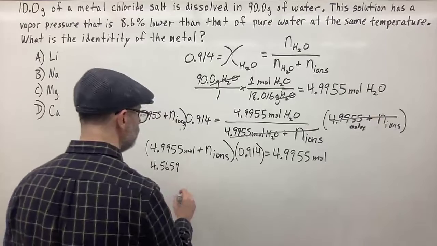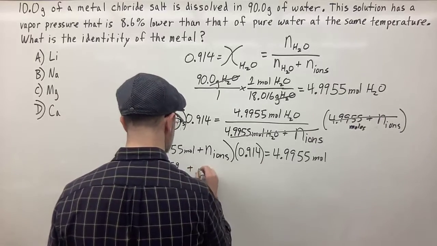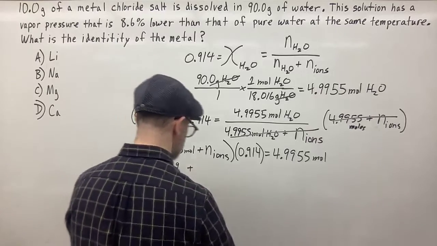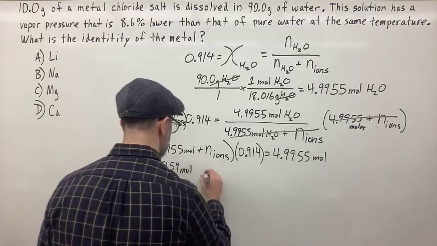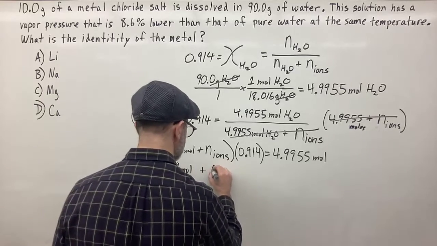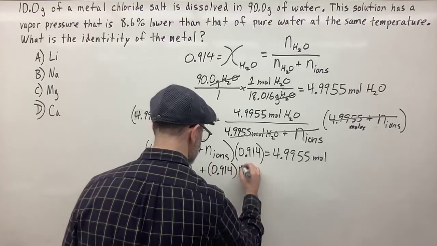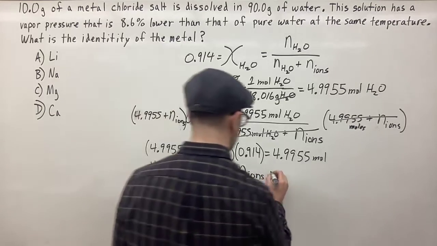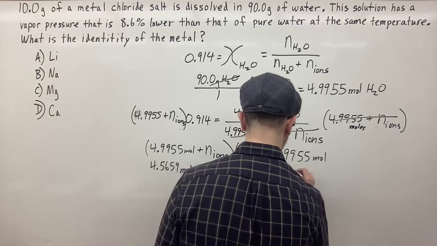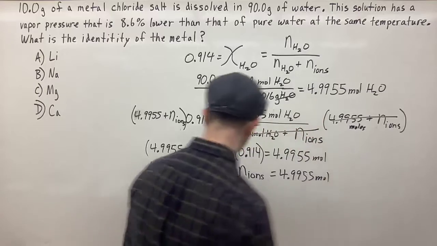And then this is multiplied by this, so it's going to be plus, and again, this is moles, plus 0.914 times N, the number of moles of the ions, equal to 4.9955 moles.